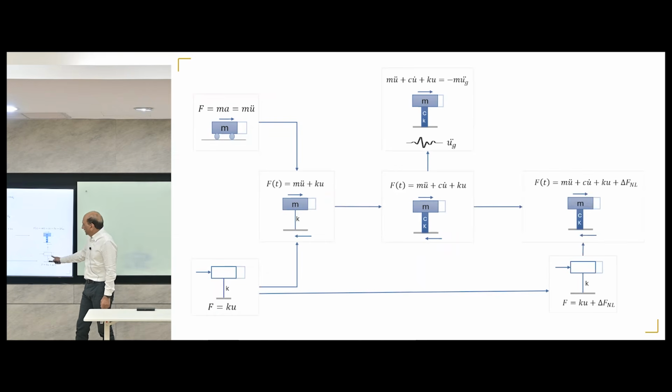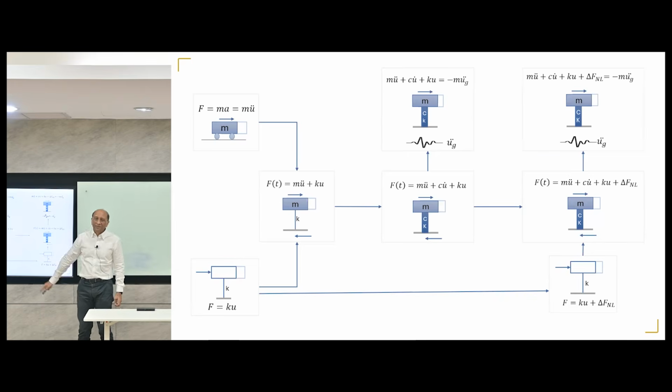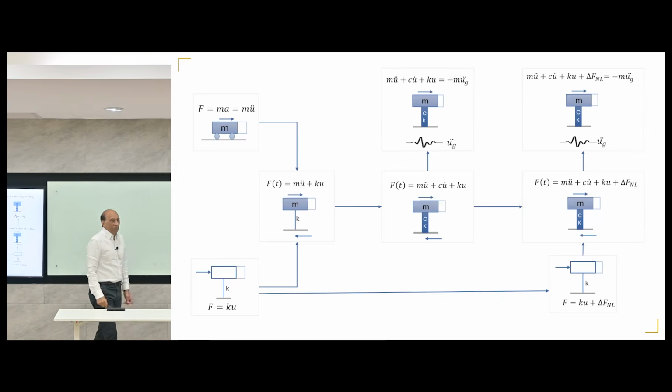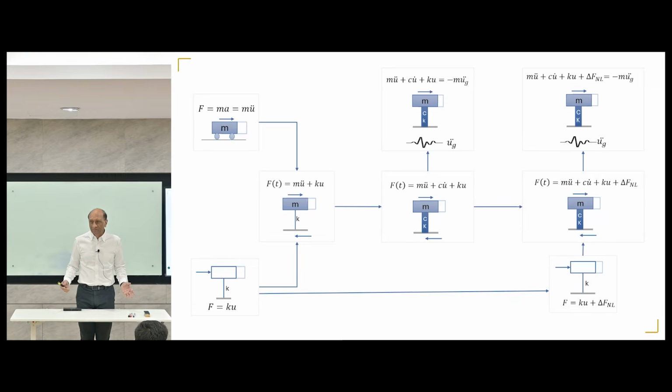Then we combine this back to the dynamics. We make a nonlinear dynamic equilibrium equation. We make this correction to the ground motion equation, and we get the nonlinear ground motion equation. Now we have the full picture. We have the stiffness, we have the mass, we have the damping, and we also have the nonlinearity corrected.